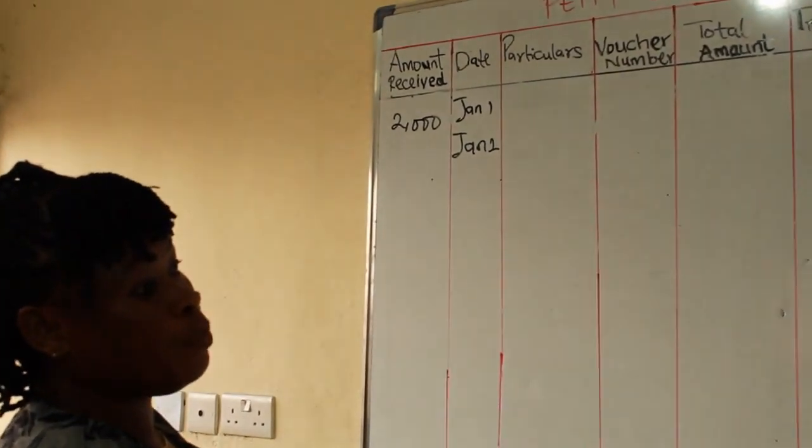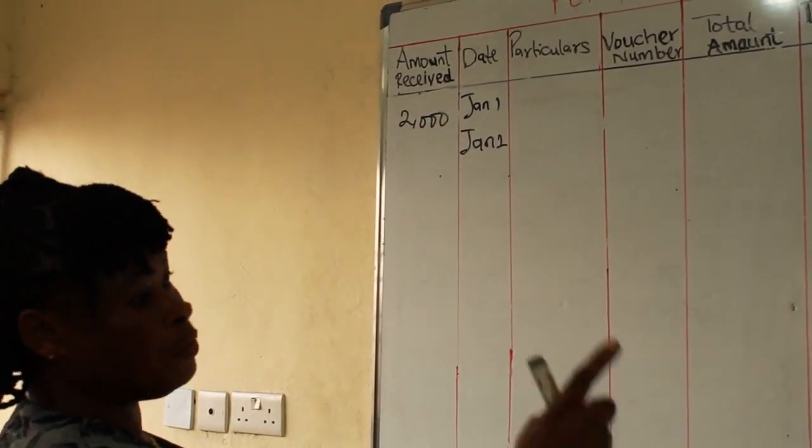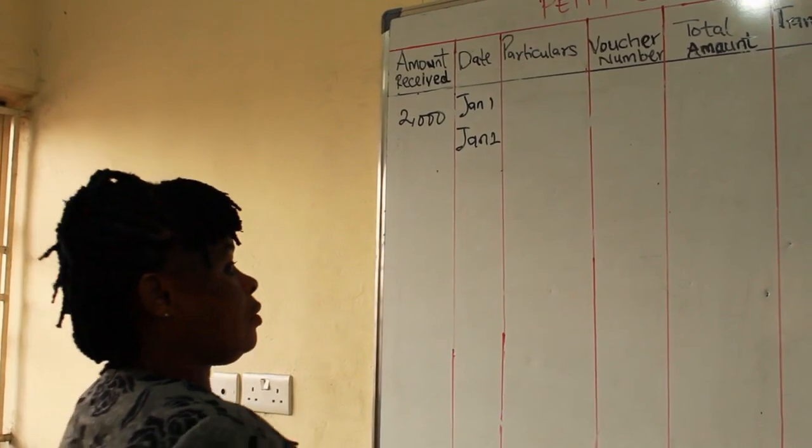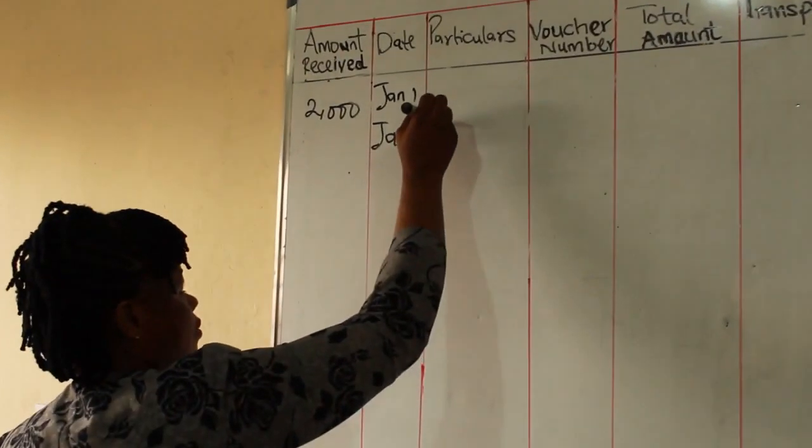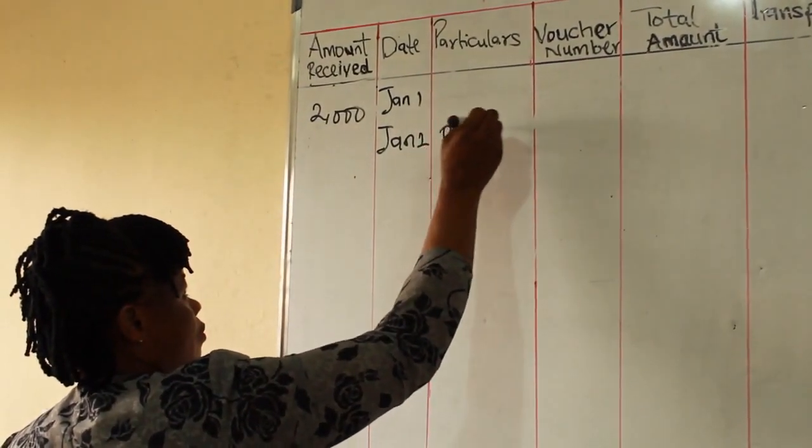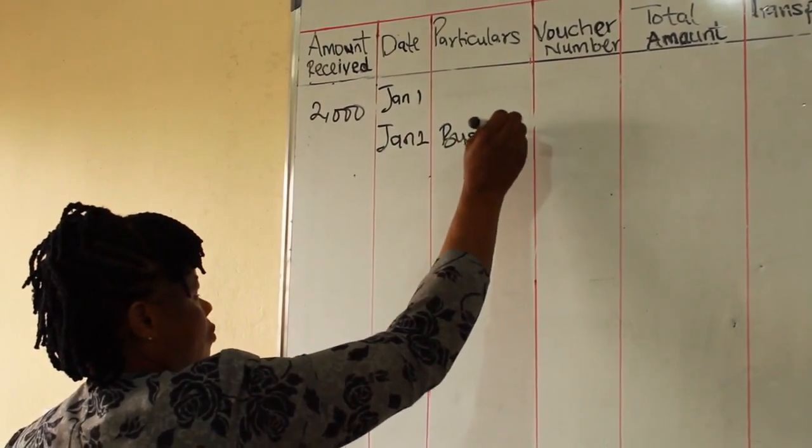The transaction that took place there is bus fare. Therefore, you write here bus fare.